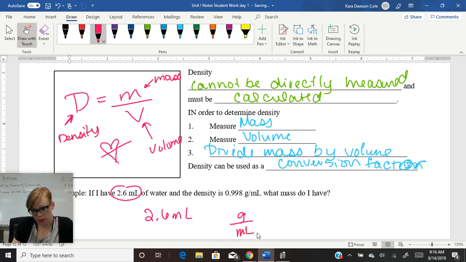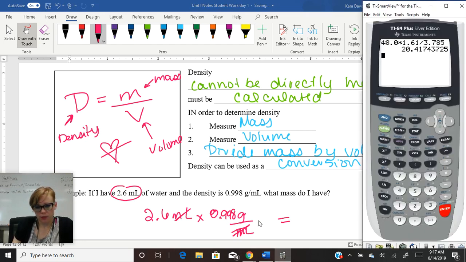If my milliliter is on the bottom, then I'm going to cancel those out. So if I multiply by the 0.998 grams, then my milliliters are canceling. I get my answer. So then I plug it in.